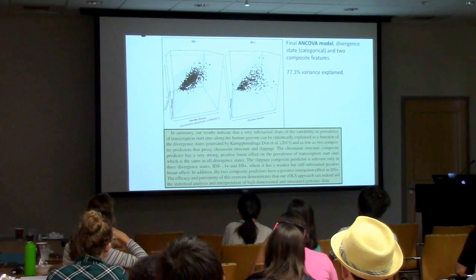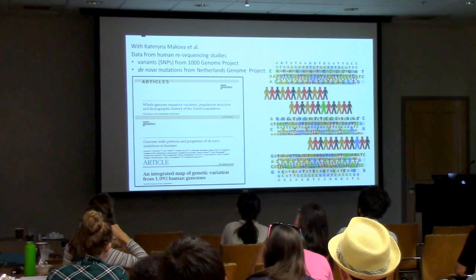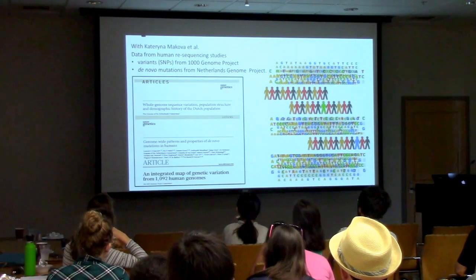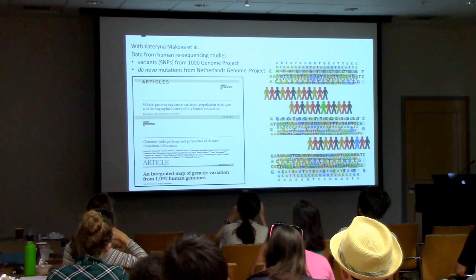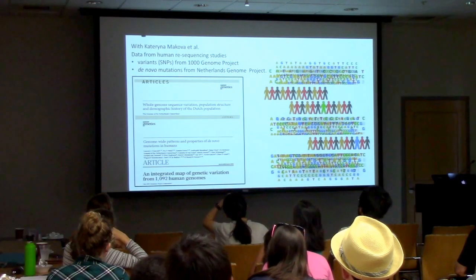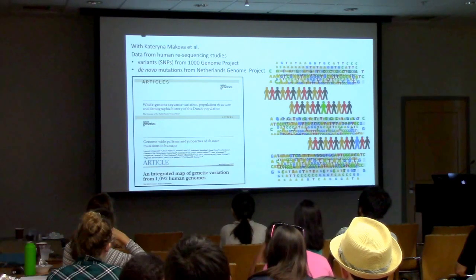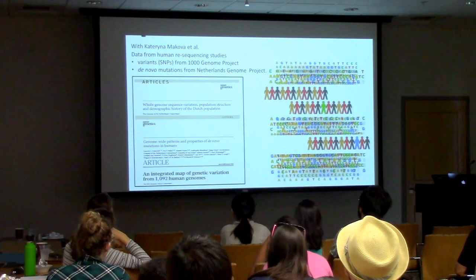We had another application that was actually contrasting regions of the genome where you have lots of SNPs, regions of the genome where you have no SNPs, based on the 1000 Genome Project, and regions of the genome where you have de novo mutations, as recorded by the Netherlands Genome Project.